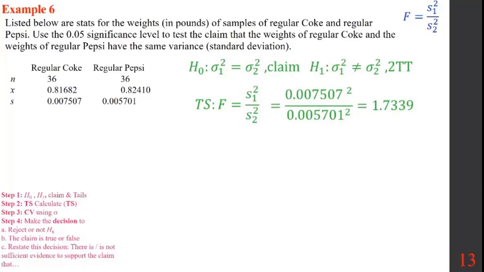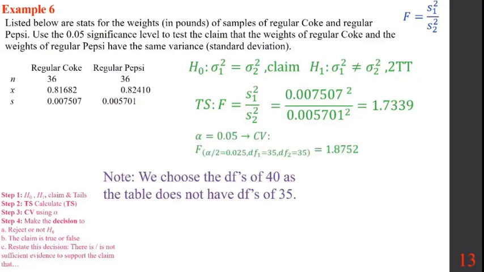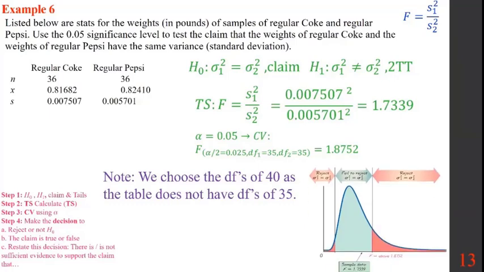Because it's a two-tailed test, we cut it in half, 0.025, and we use the table of 0.025 with the degrees of freedom of the numerator and denominator, both of them being 36 minus 1, or 35. Note, we didn't have 35, so we chose 40. Just as an example, again, we can look up the table, with the limitation of the table. With that being the case, if we put the numbers in, we get 1.8752 from the table.